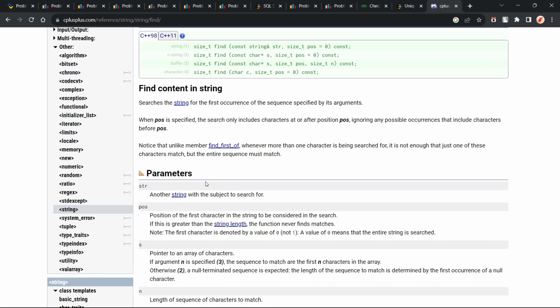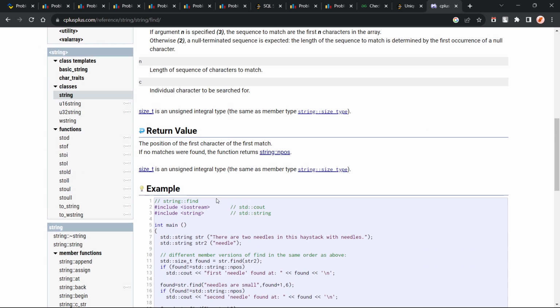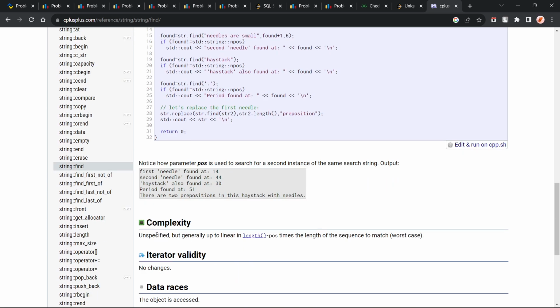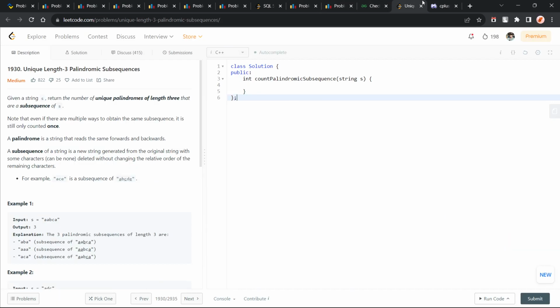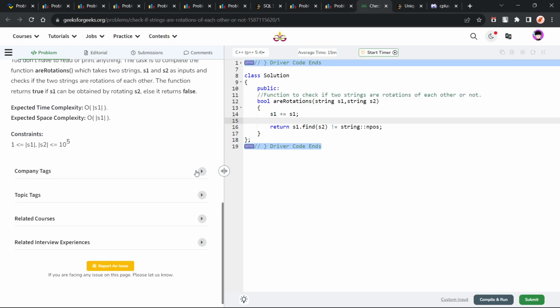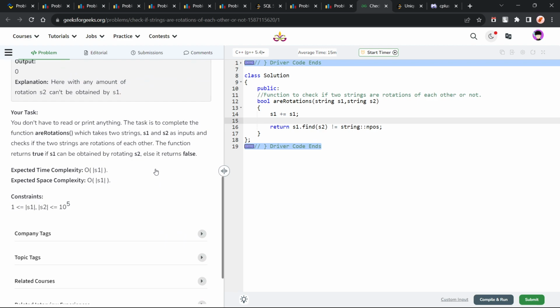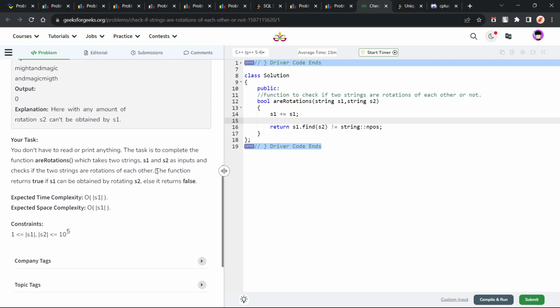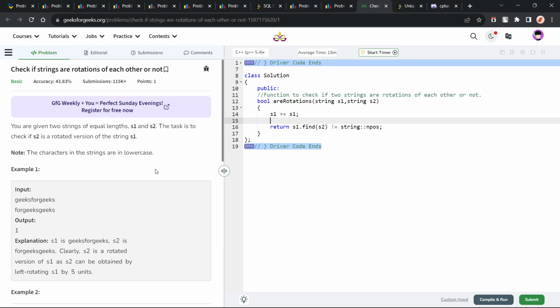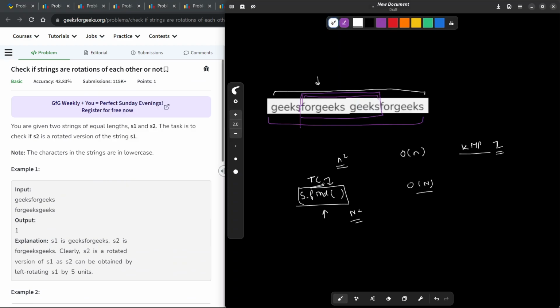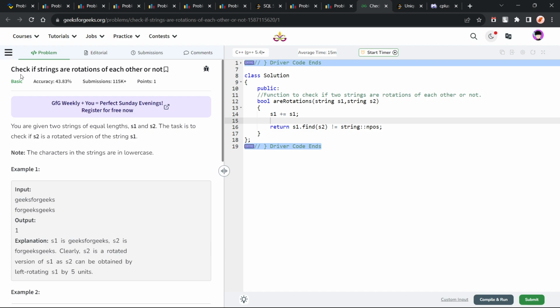Here also you can see that the time complexity is not mentioned, it is unspecified. I don't think that this works in O of n actually. It might, we still don't know the internal implementation, but if you don't want to use this, any other way of doing it in O of n is using either KMP or Z algorithm, any pattern matching algorithm that you find.